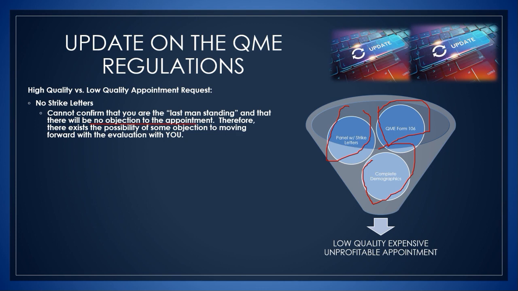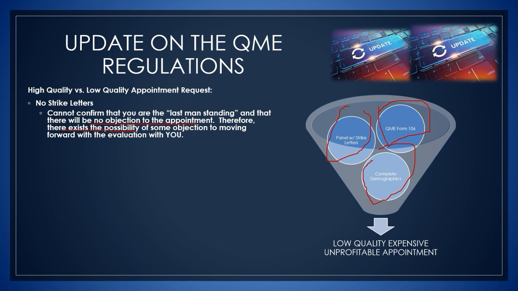That's what we want. We want appointments over which none of the parties have any objection to moving forward with you as the evaluator. Therefore, there exists the possibility, or let's even say the opportunity, of some objection to moving forward with the evaluation with you.